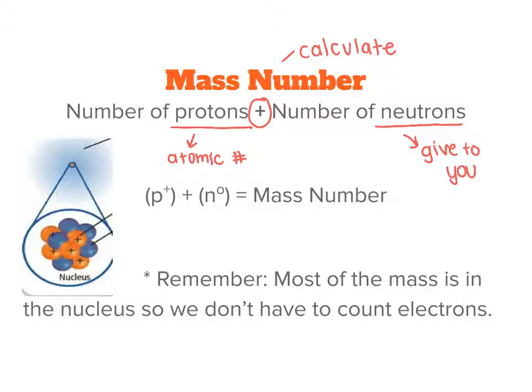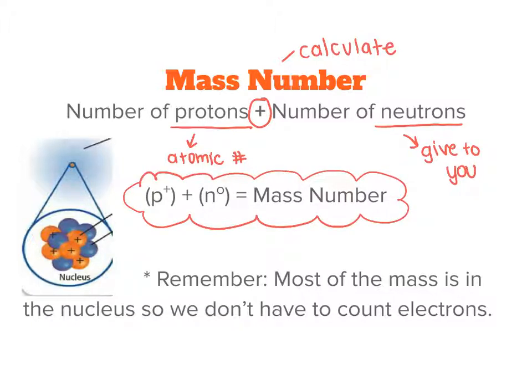Okay, so the protons we can find, it's the atomic number on the periodic table, and the neutrons is a value I'm going to have to give to you. So the equation we're going to want to use, and I'm going to give you guys a few equations today. So let's circle it, highlight it, box it in, you can find it again, is the protons plus the neutrons equals the mass number. And our mass number is going to be in AMUs, those atomic mass units.